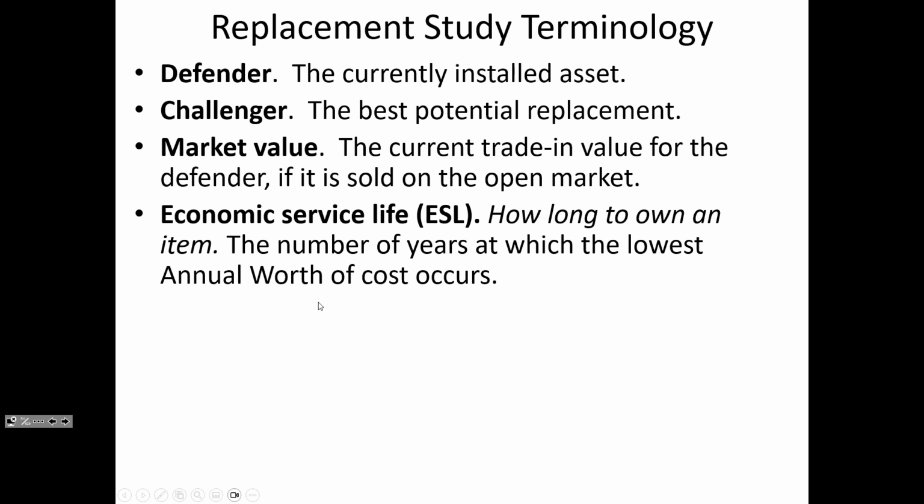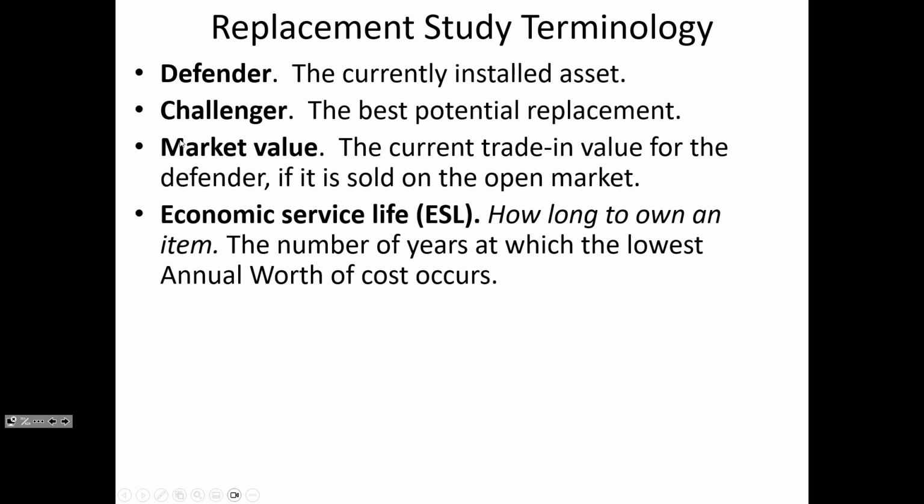And when you're doing that analysis, the market value is the current value of the item that you already own. So if you're going to trade it in or sell it on the open market, the market value is the current value of the equipment, and you consider that as the first cost of the Defender, because if you keep the Defender, what you're losing is the opportunity to sell it. So the opportunity cost of selling the existing equipment that you already own is what we consider as the first cost of the Defender.